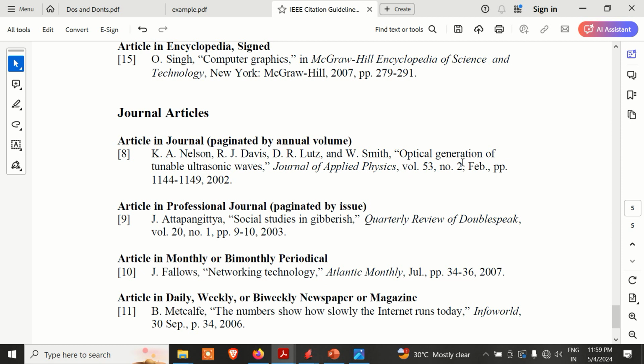Particularly, we refer to conferences and journals. So we need to mention the volume number, year of publication, page number. They have to be mentioned along with your author, title, and the publisher.